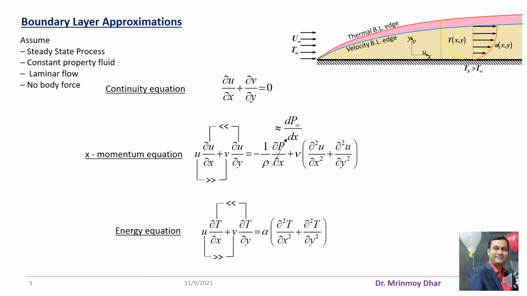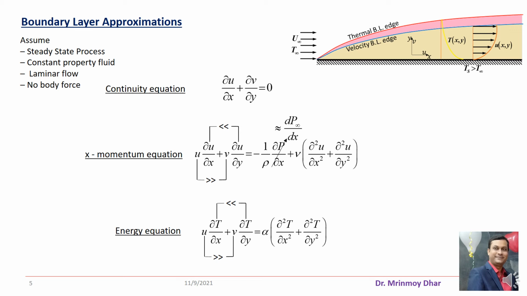In the y direction the flow is very small compared to the x direction flow. The main flow direction is in the x direction, so obviously u will be much higher than v. So in the comparison of the first two terms on the left hand side, u is much higher than v, but in the first term, del u del x, one part is u multiplied by del u del x.